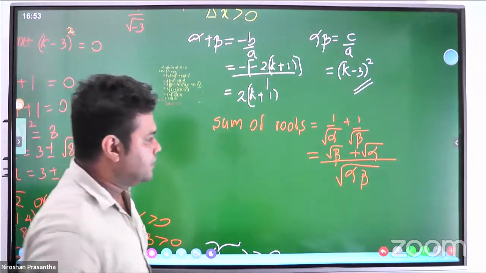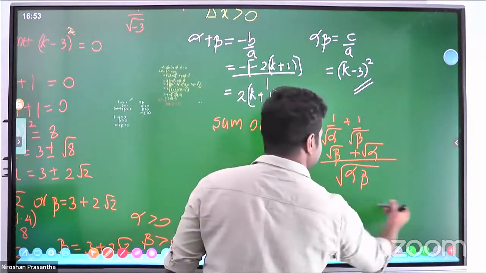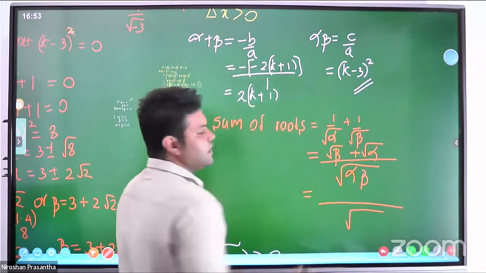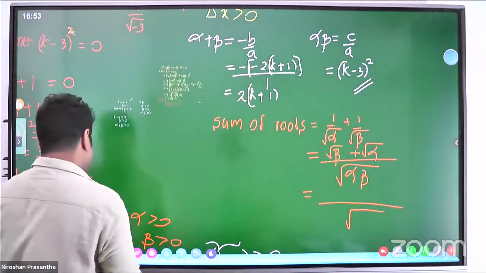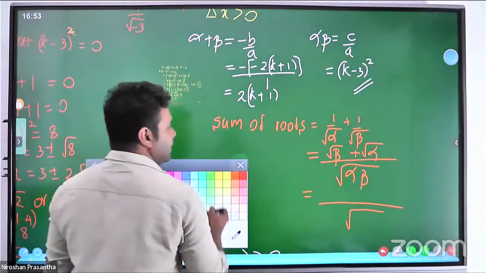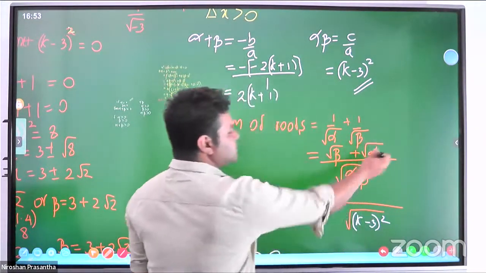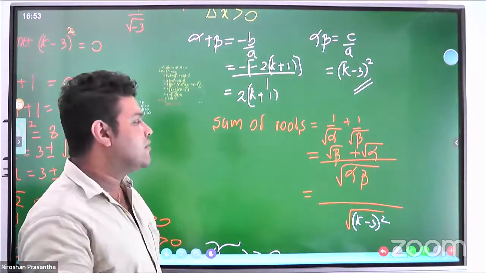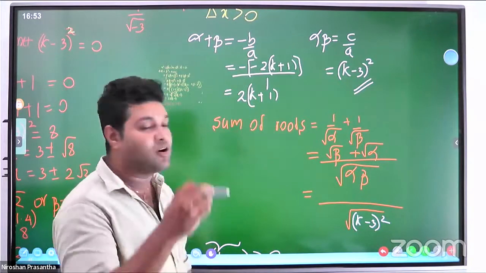Now, for this root alpha beta, it doesn't matter. We can just substitute what alpha beta is, k minus 3. But this is a doubt still you have, right? Root alpha plus root beta. Then what's the method that you have to follow to get rid of this square rootness?